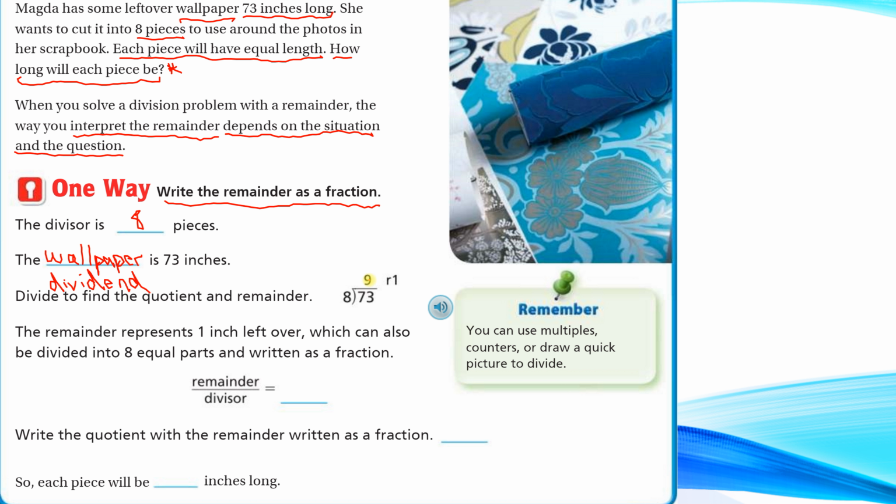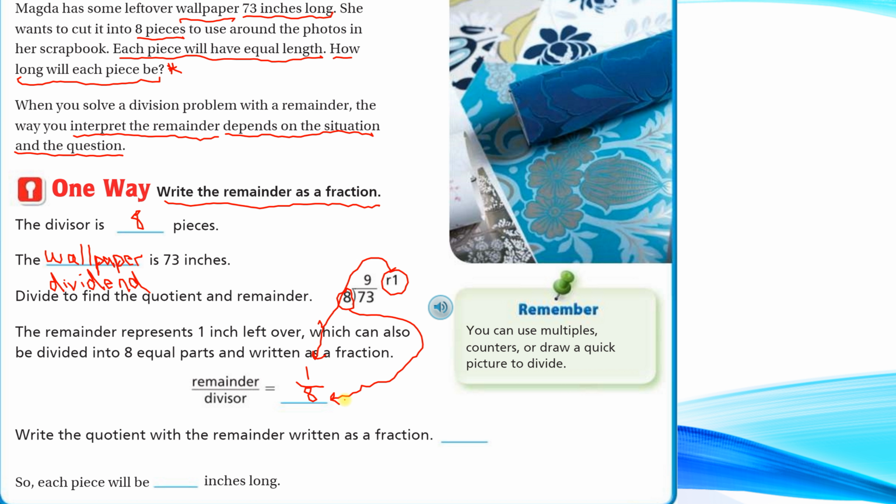So in order to make a remainder into a fraction, we just take that remainder and it becomes our numerator, the number on top, and then the divisor becomes our denominator. And divisor is down. You can think of it like that. And the remainder is your numerator.